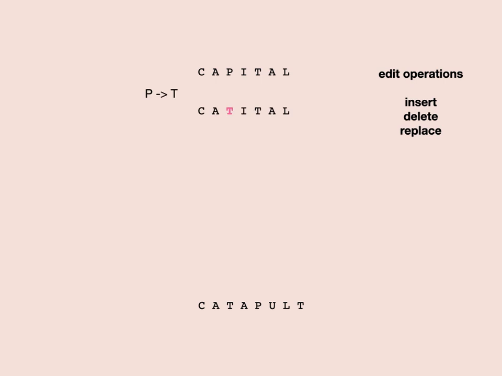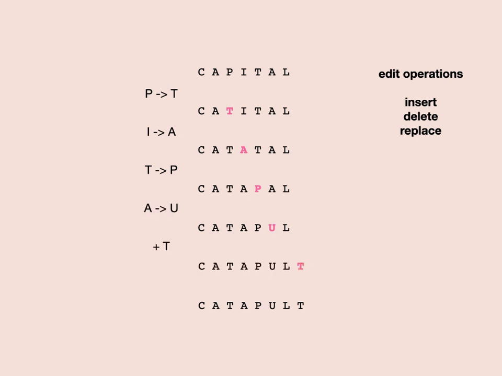We can convert the I to an A, turning it into catatul. Convert the T to a P, catapul. Convert the A to a U, catapult, and then add a T on the end, catapult. Edit distance of 5. The way we did it, right?